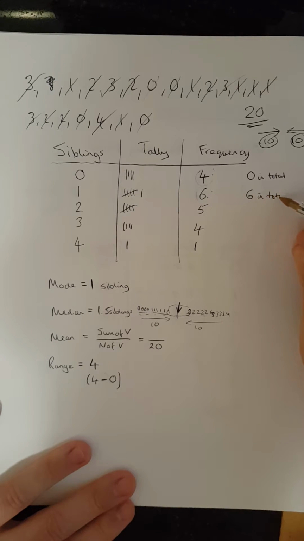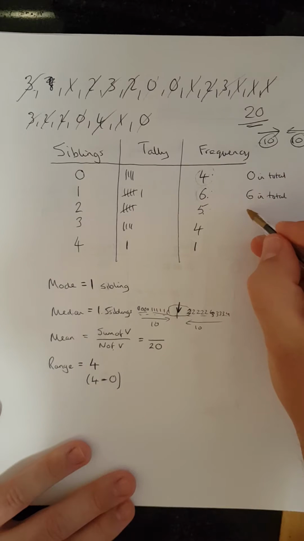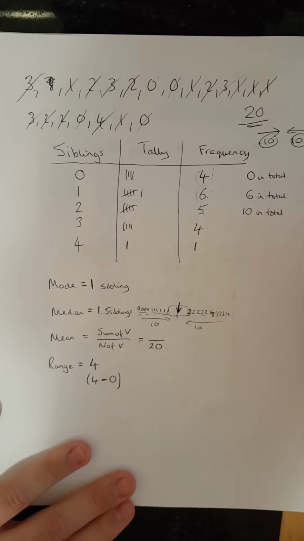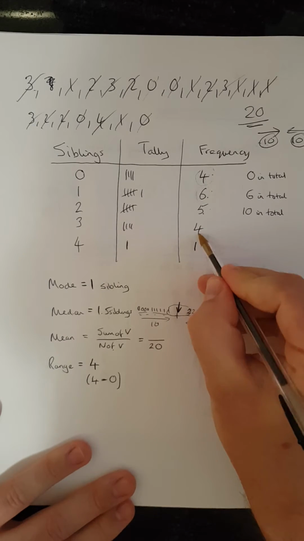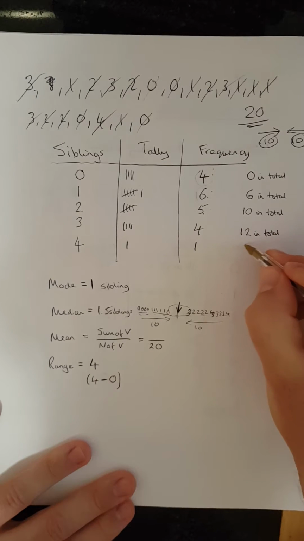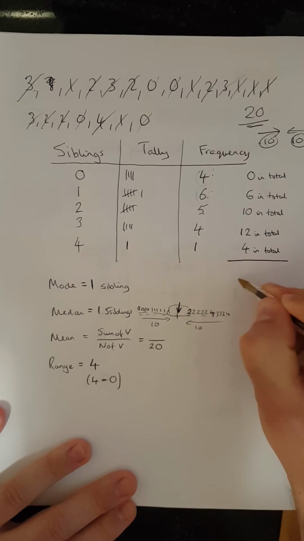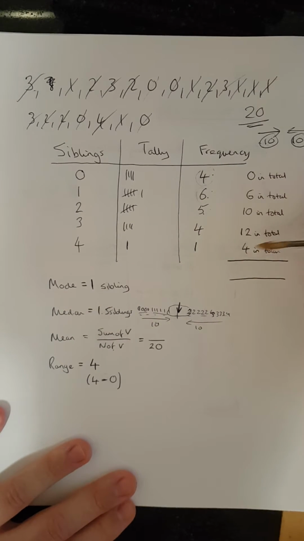They have 6. These 5 people each have 2 siblings, so that's 10 in total. These 4 people each have 3, so that's another 12. And the last one person has 4. So the total number of siblings is here. 32 in total.